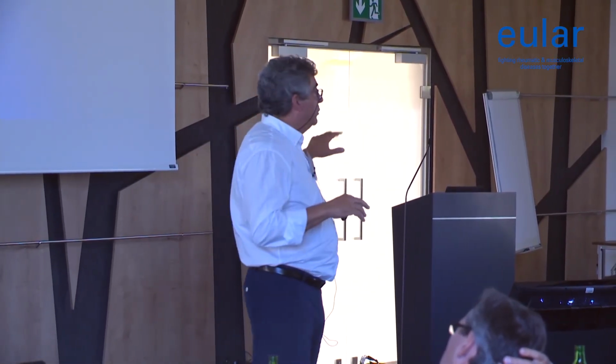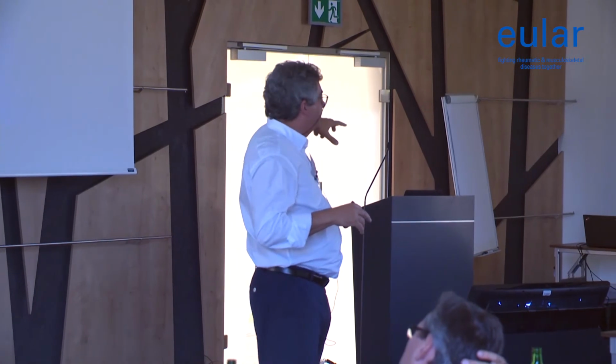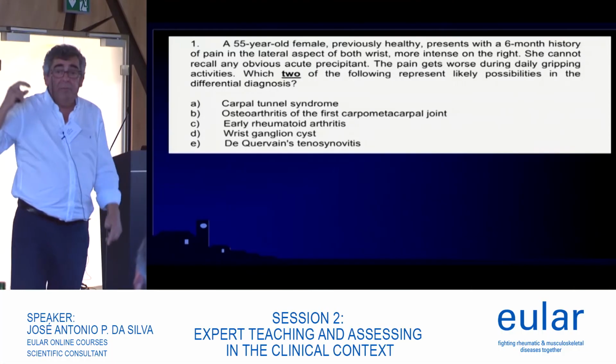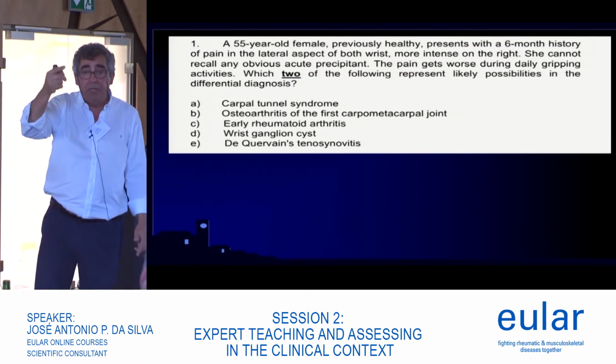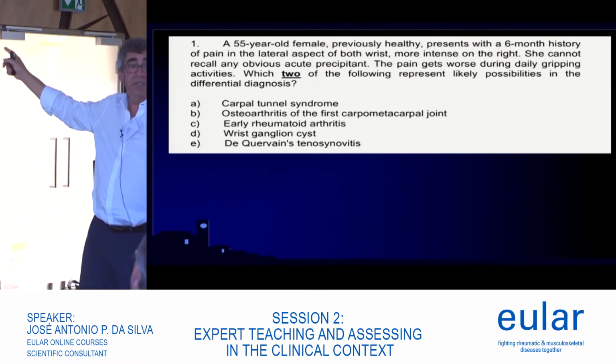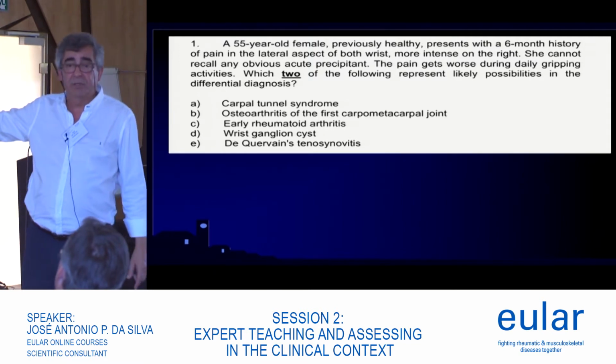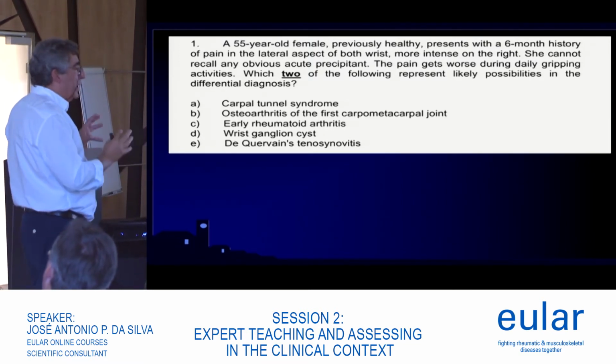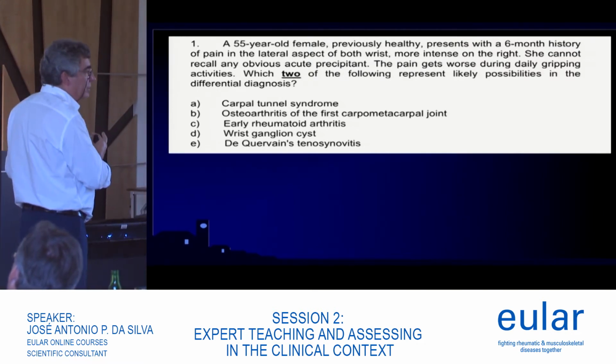Exactly. Previously, we had the possibility of having 2 in 6 or 3 in 7. Now it's 1 in 5. But let's say, what I am targeting your thinking on now is whether this can be considered a case-based question. Do you agree with that? It gives you a clinical scenario and asks you to reason about it.